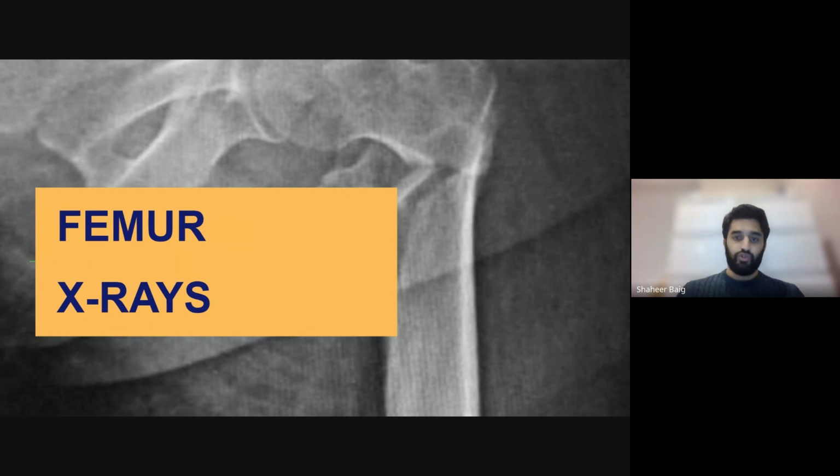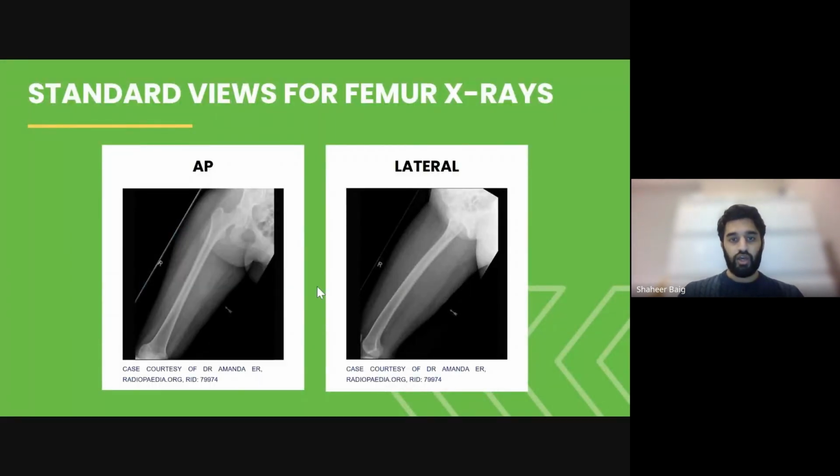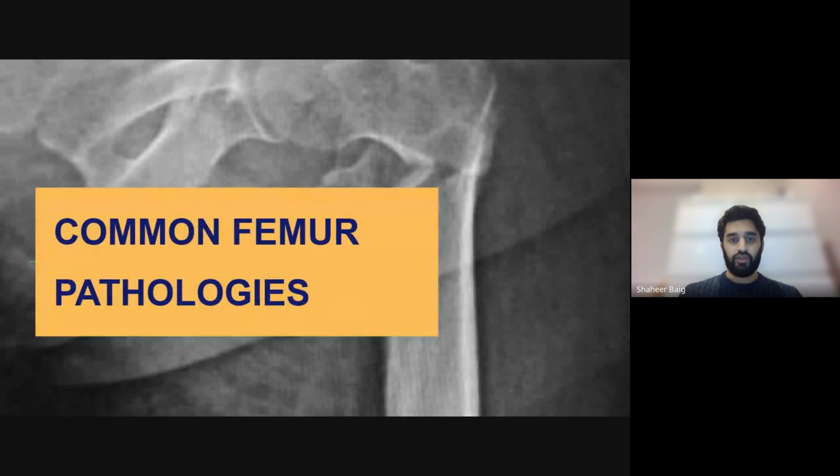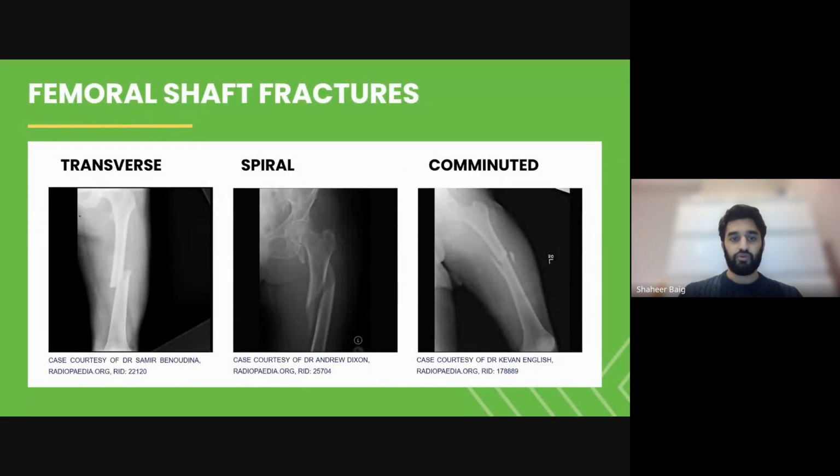Coming distally to the femur, as with most areas, we take an AP and a lateral film, as highlighted here, and generally speaking, we'll get the same long bone fracture patterns as we see in other areas. So we can get a transverse fracture. This is a little bit oblique, but that's okay.